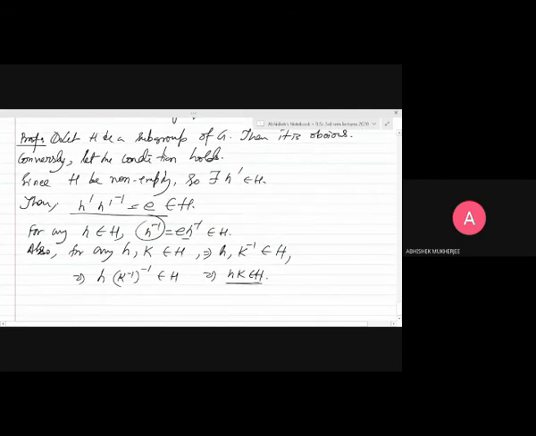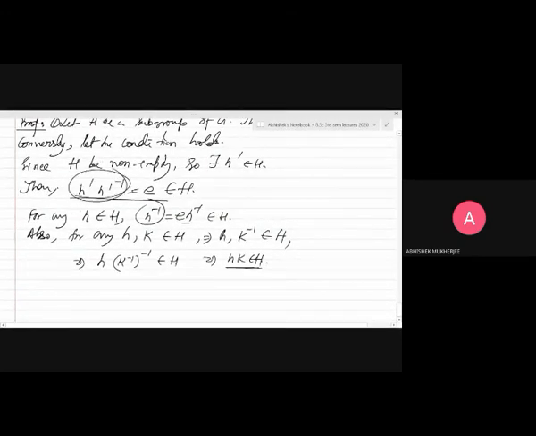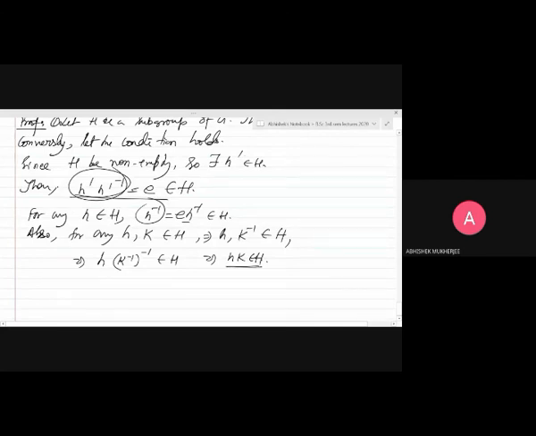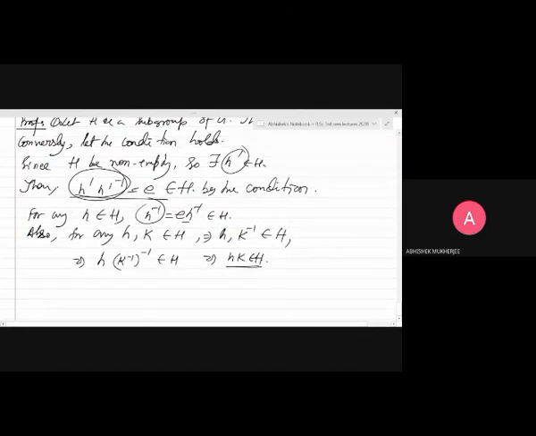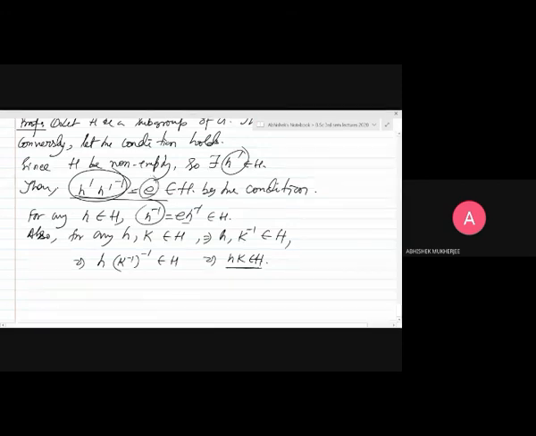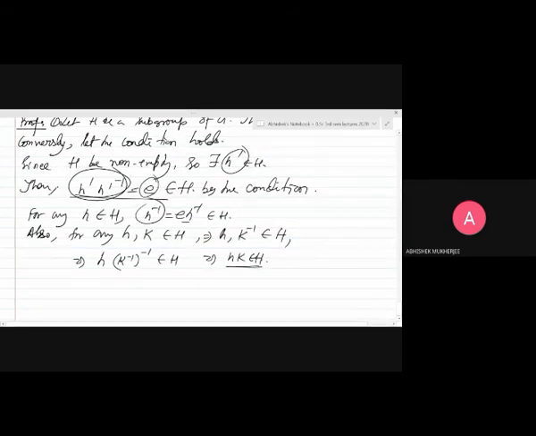Okay, and now this is true by the condition, since h dash belongs to H, so h dash inverse must be in H by the condition, right? So that is why we need to consider this condition that a b inverse belongs to H, just to guarantee that the identity must be in H, and this will help you to prove the other properties.